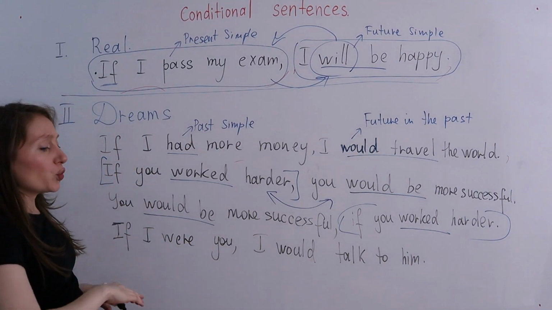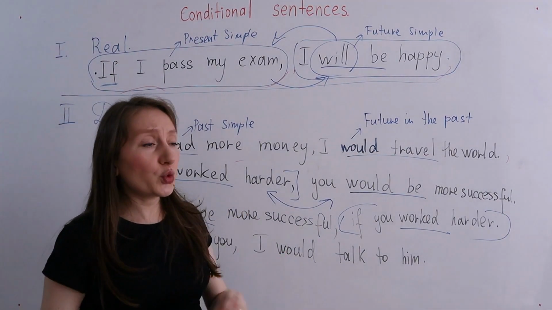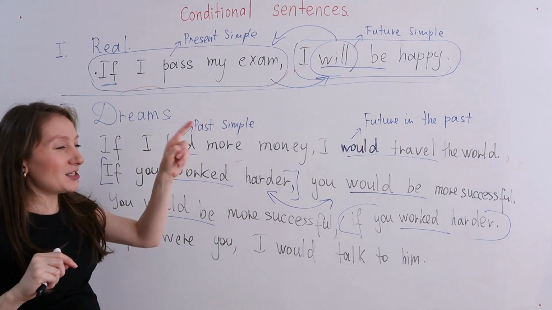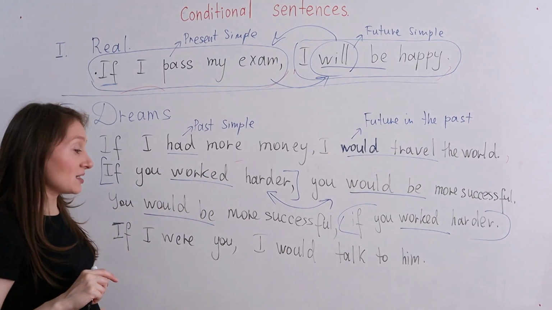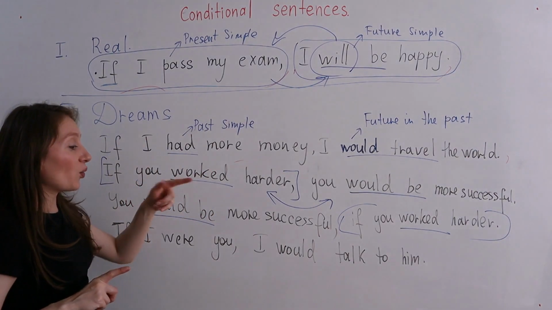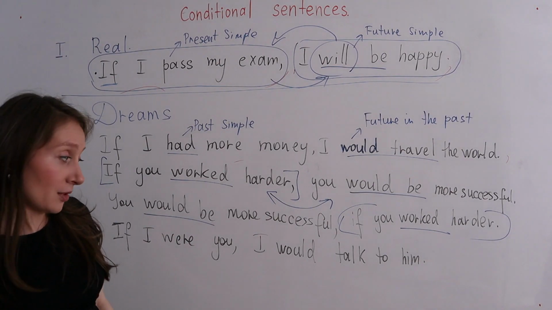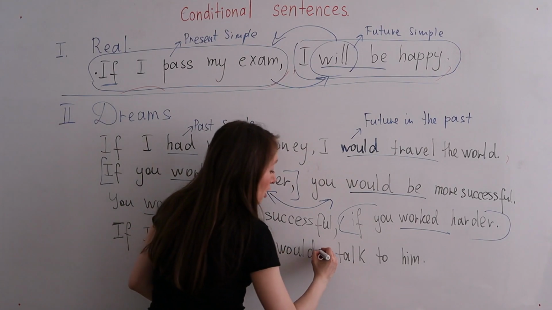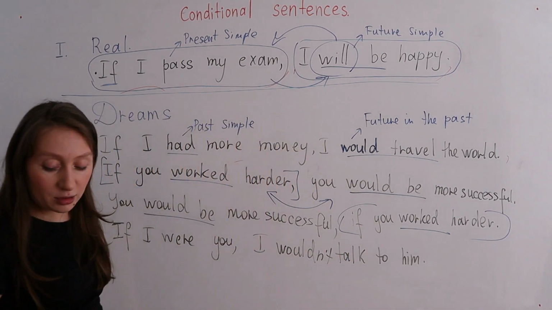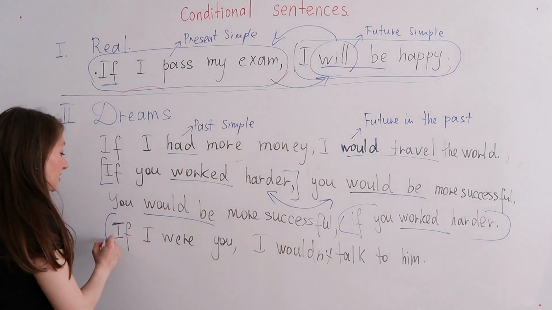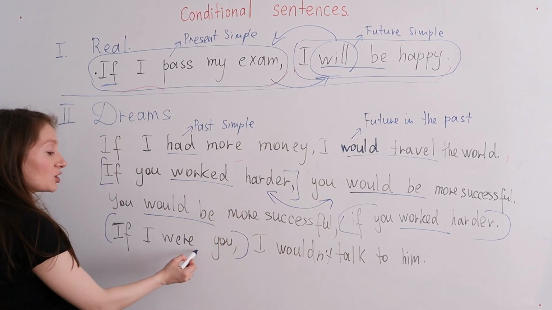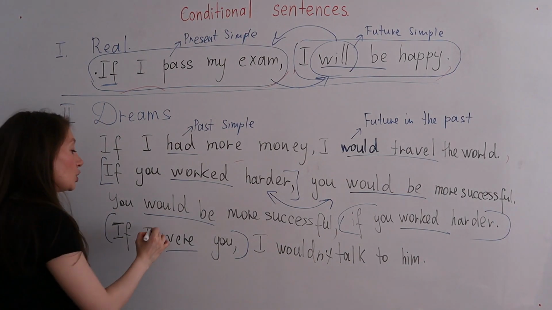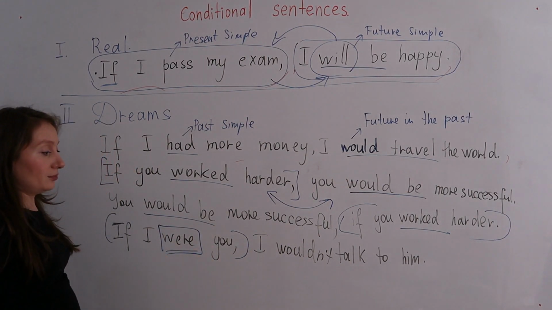I were, you were, he were, she were, we were, everything with were, so you understand, she is using conditional sentence. Sen olsaydın. If I were you, I would talk to him. Right? If I were you, I wouldn't talk to him. You can use it like negative, right? No problem. Again, we have if sentence. In if sentence, we have the verb to be, but in conditional sentences, try to use were.